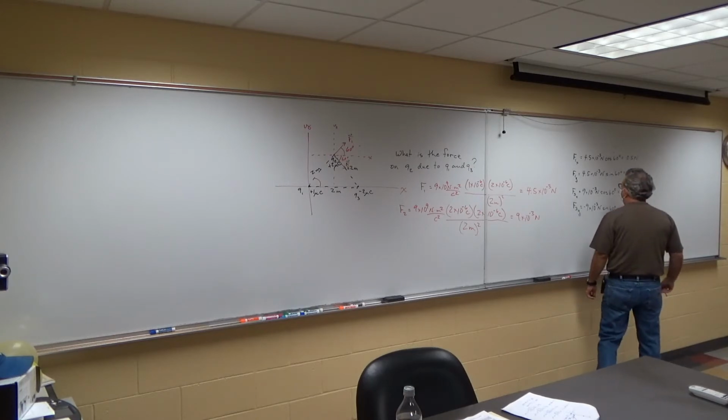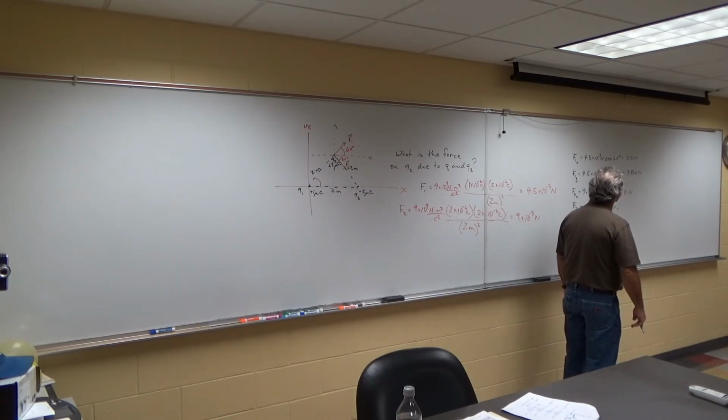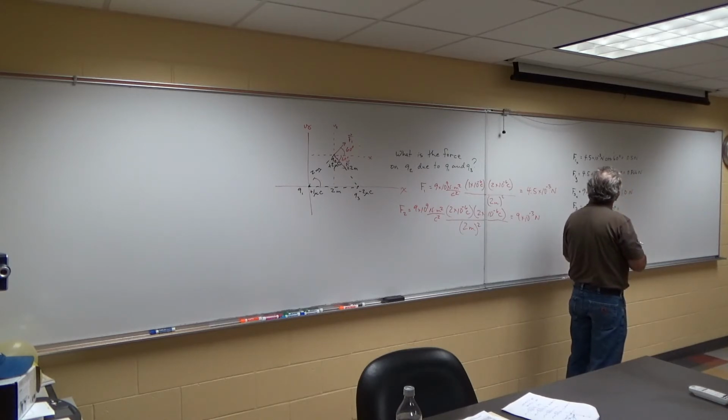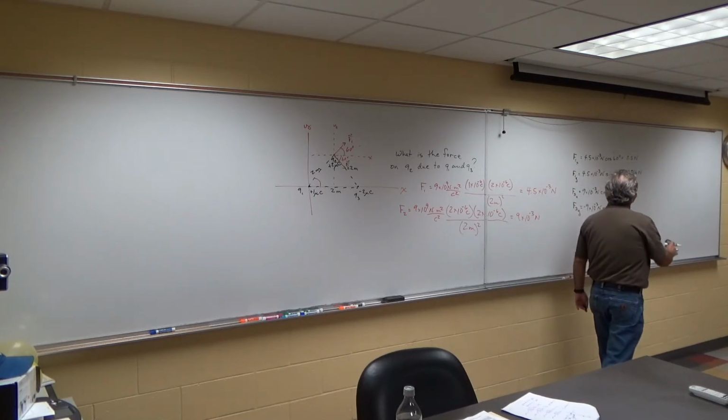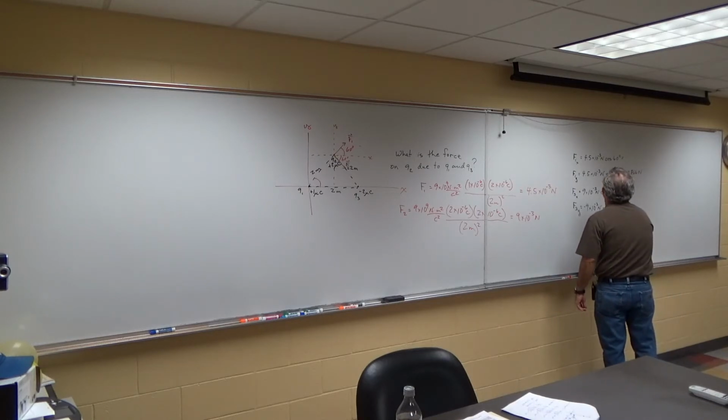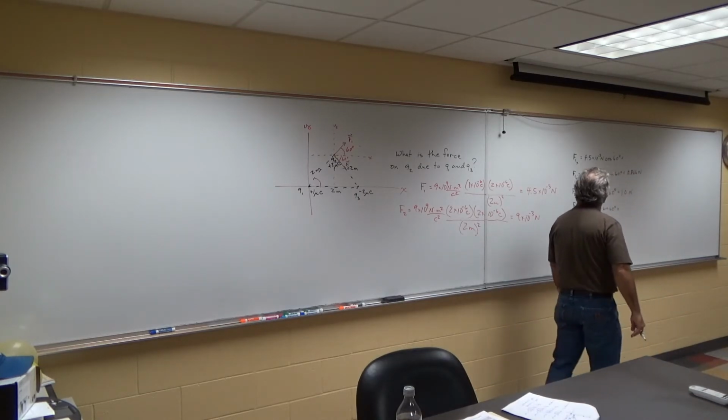Are you sure? I didn't get 1 newton for that one. Something's wrong because I just don't think this comes out to a half. We tried again. Cosine 60 times 4.5. I'm still getting 0.5. Really? Yeah.